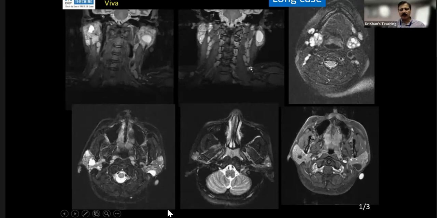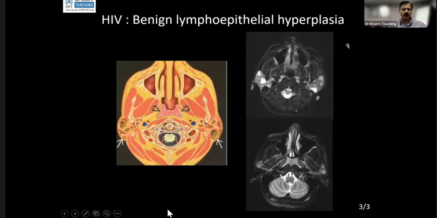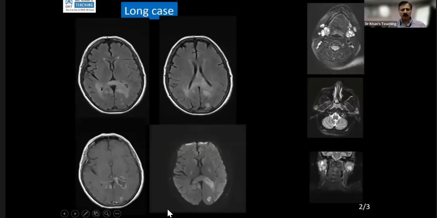In our case, there are cysts in the submandibular gland. I've seen two cases. If you see the literature, usually it will tell you that in benign lymphoepithelial hyperplasia there are cysts in the parotid gland. But in my collection, there are two cases in which I've seen cysts in the submandibular gland also.